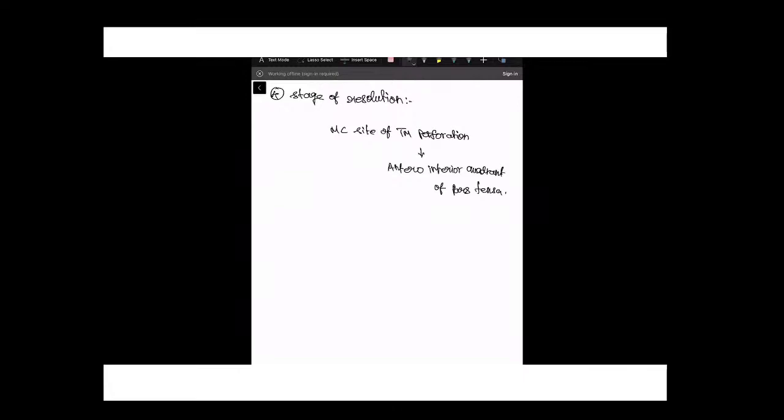This perforation usually heals in a few weeks, and hearing returns to normalcy.